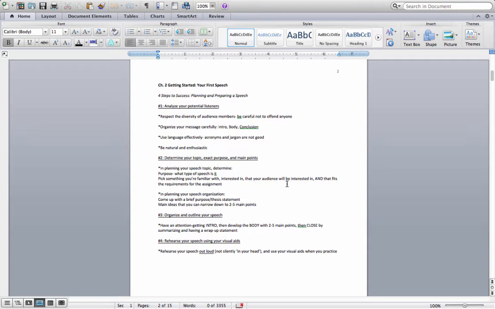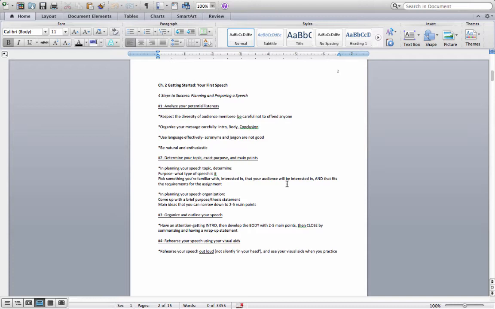Organize your message very carefully. There must always be an introduction, a body, and a conclusion. The organization within those parts depends on the situation or your teacher's preferences. Be sure to use language effectively. Acronyms and jargon are not always appropriate. When you use acronyms, be sure to tell the audience what the acronym stands for the very first time you use it.